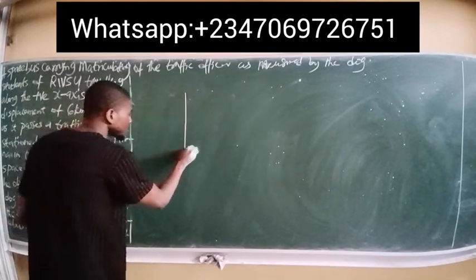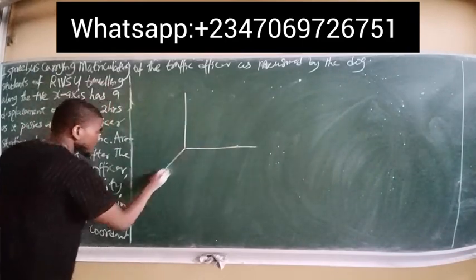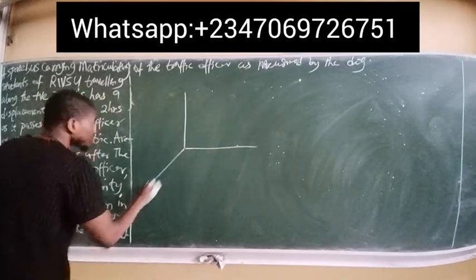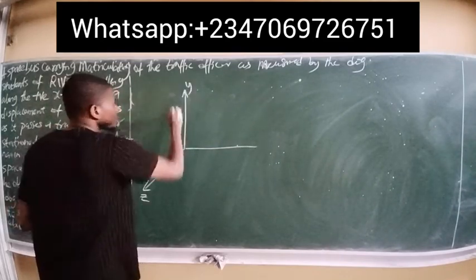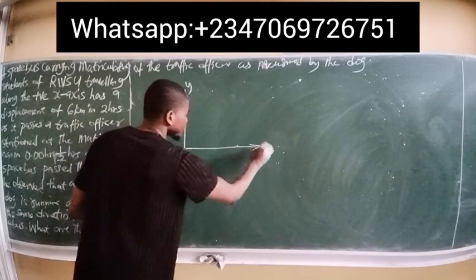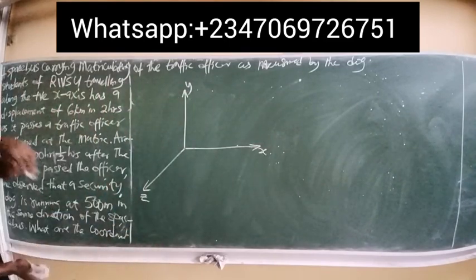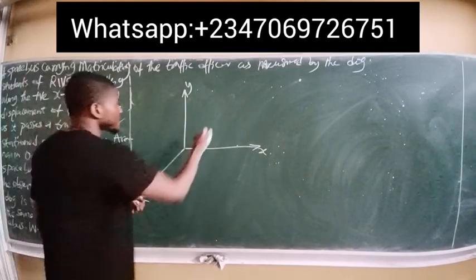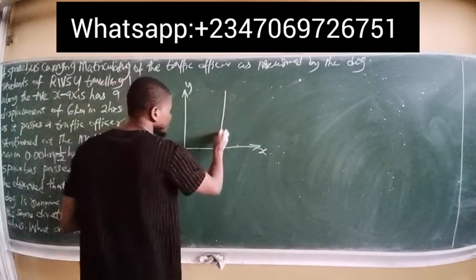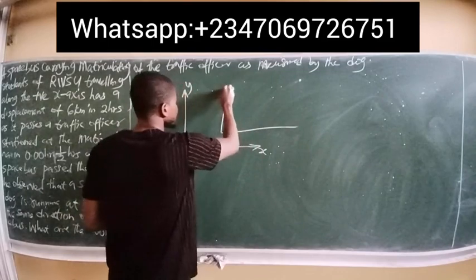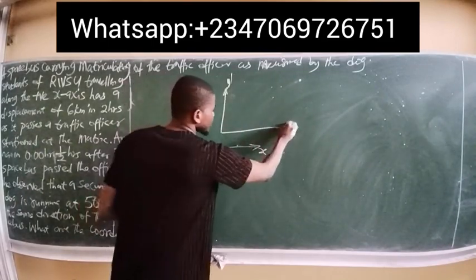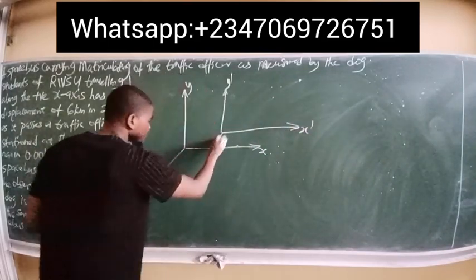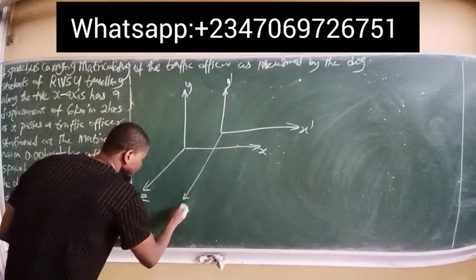This is Z, this is Y, and this is X. It was stated clearly that the event is taking place in the positive X-axis. So let's get down the second reference frame. This is Y prime, this is X prime, and this is Z prime.